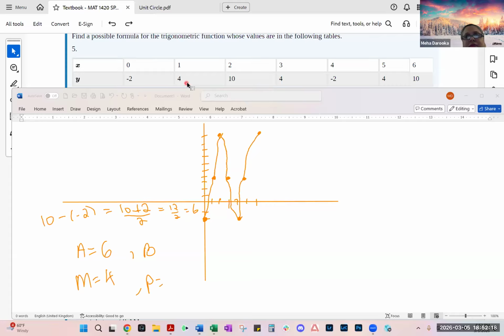Or you can again use going from 10 to 10, that's the highest value. You can see we went from an X value of 2 to 6, which was again 4. So yeah, your period is 4 units. So remember, to calculate the B, you take your original period divided by the new period, which will actually give us, once you simplify that, pi over 2.